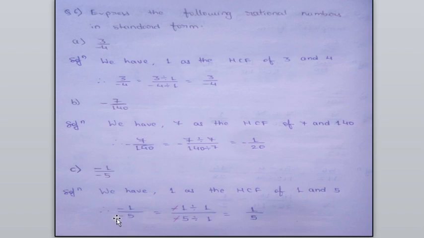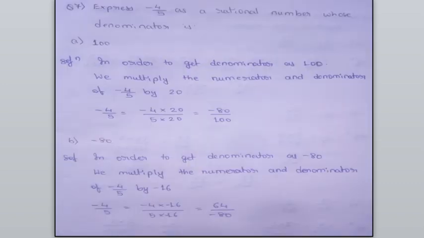So here minus 1 divided by minus 5 is equal to minus 1 divided by 1 over minus 5 divided by 1. So here minus minus can be cancelled as it is a division. So what is left? 1 divided by 1 is 1 and 5 divided by 1 is 5. So the standard form of minus 1 by minus 5 is 1 by 5.